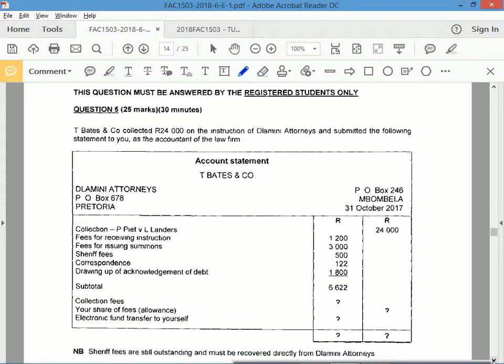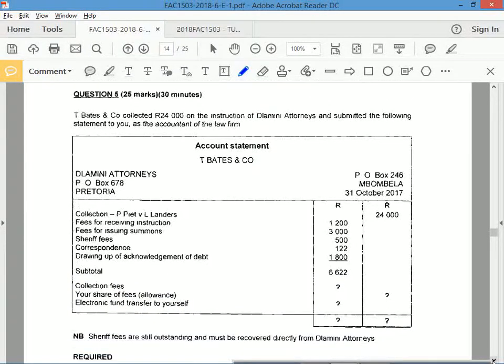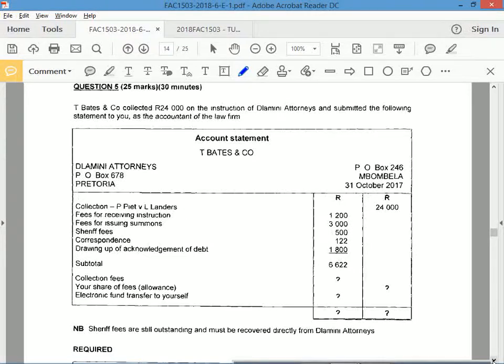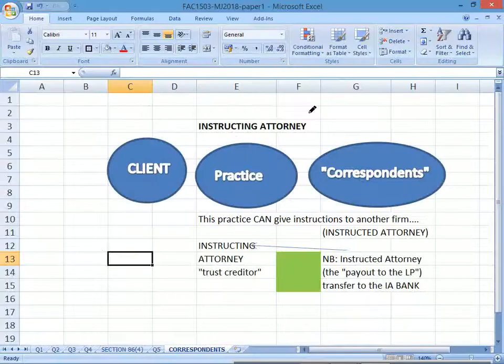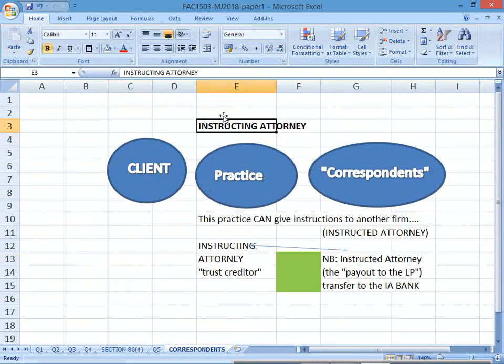Okay, so the question must be answered. 25. Okay, so T. Bates and Company collected 24,000 on instruction of Glamini attorneys. So the instructing attorneys are Glamini. So the practice, instructing attorney, let's put that in, Glamini.